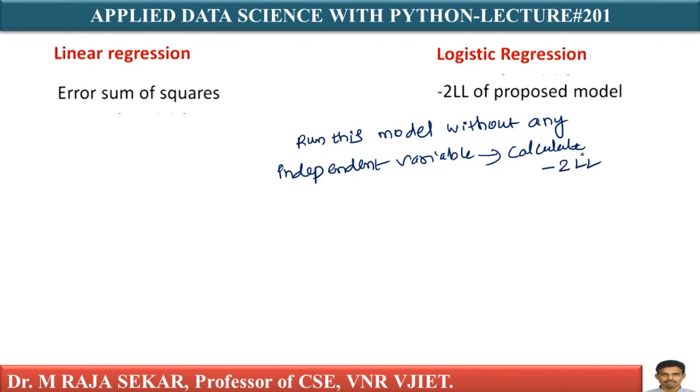Then we have to introduce an independent variable. Then we have to compute how much error term there is. After introducing the independent variable, we compare how much error term is there.